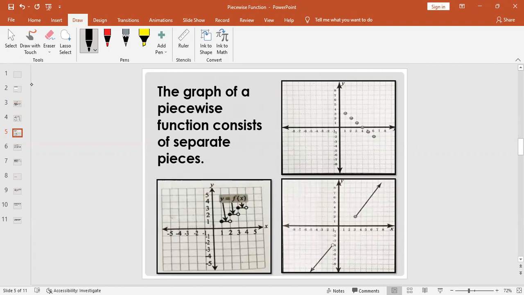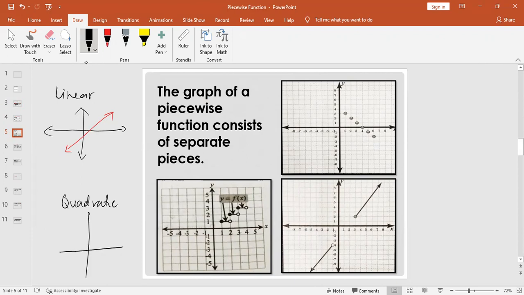In junior high school, your math teacher in grade 8 discussed linear function, and its graph appears like this. From the word itself, linear, it's like a line. In grade 9, your subject teacher in math discussed quadratic function, and its graph appears like this.